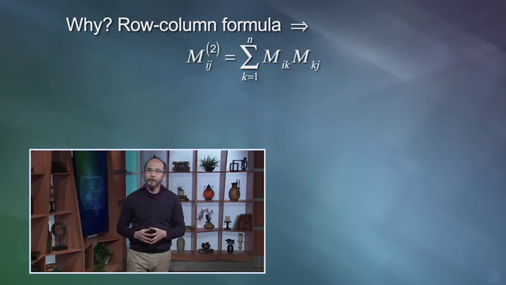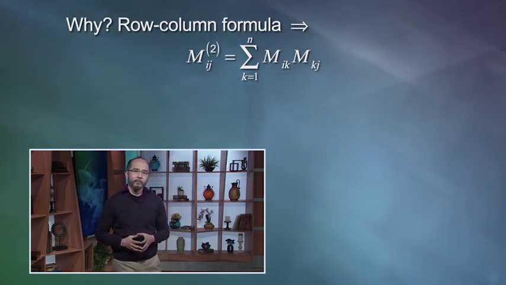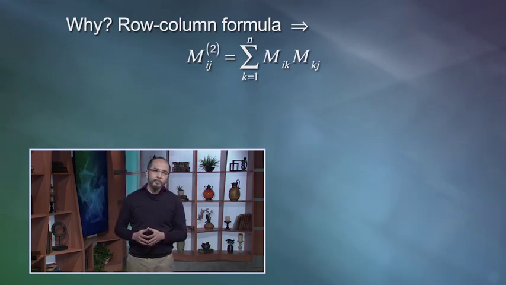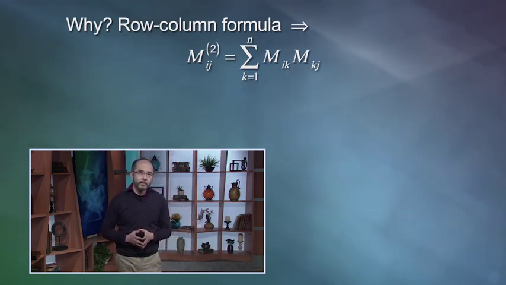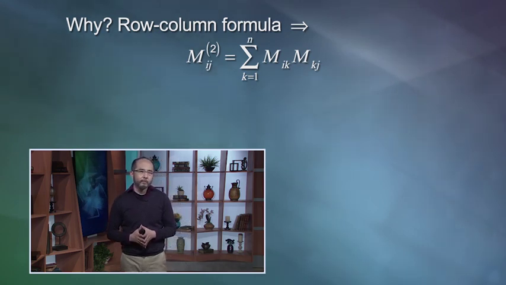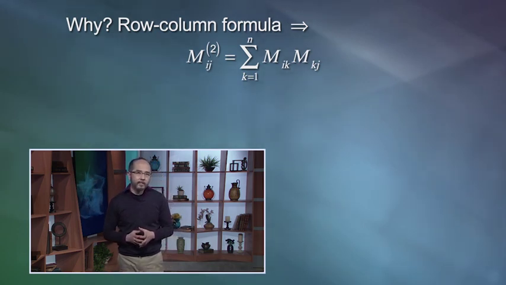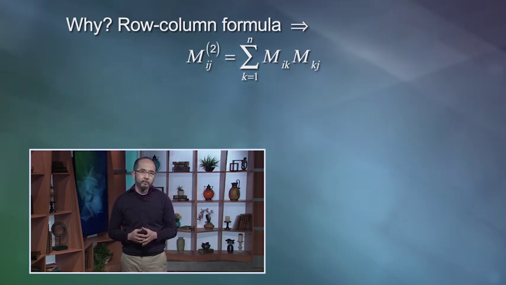We can get a hint from looking at the row-column formula for matrix multiplication. For then M sub ij superscript (2), which is the ijth entry of M squared, is defined to be the sum of M sub ik times M sub kj, summed over all k.